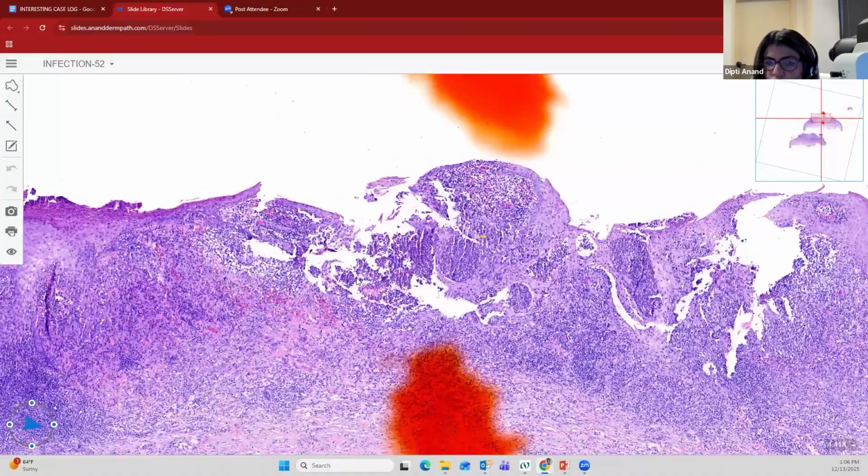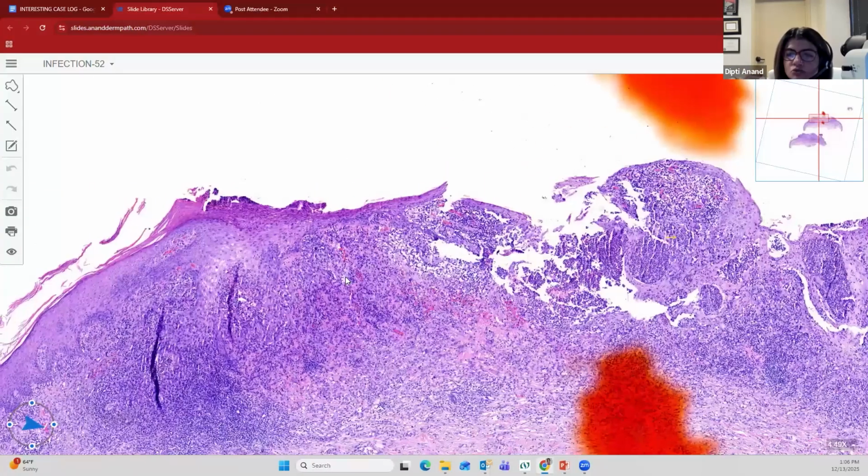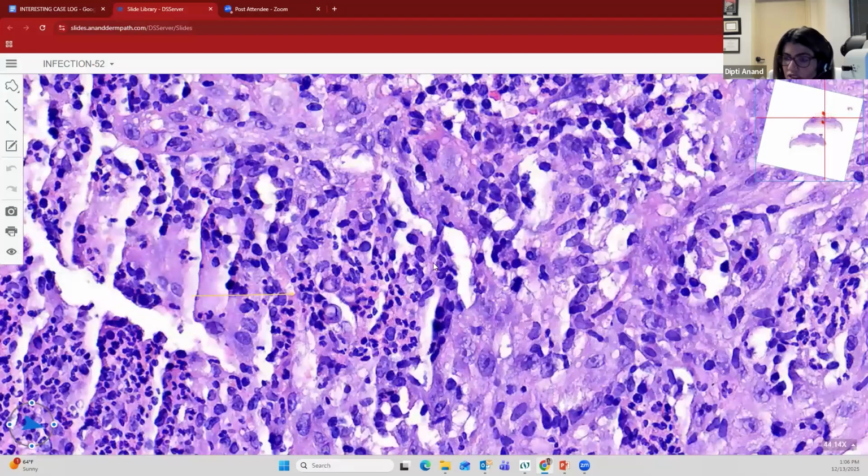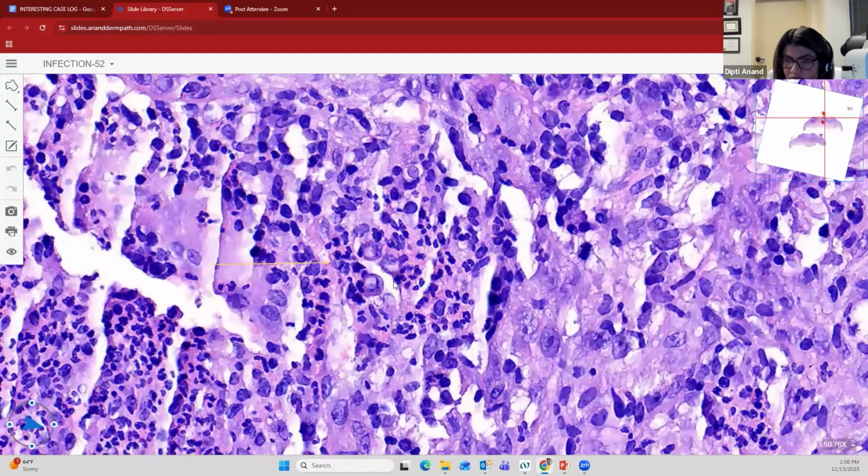So again, on low power, if you are short on time, then you can look at those certain clues and try to narrow down. So you can see a super pseudoepitheliomatous hyperplastic biopsy. So these are the organisms. They are not going to be parasitized again. And you see them, they are these double encapsulated budding yeast forms.